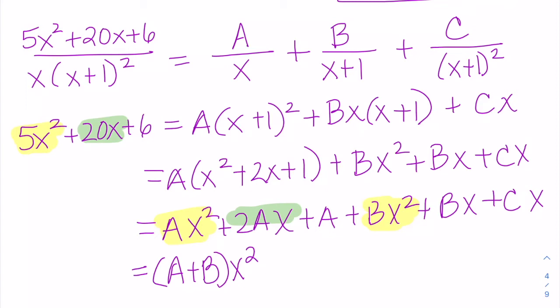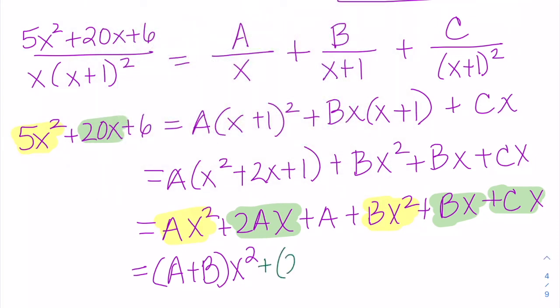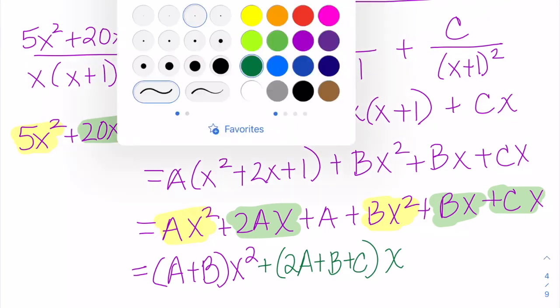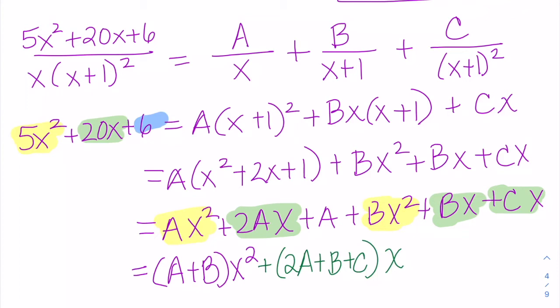So I'm looking at any terms that just have one x. So we can see right away that if I put (2a plus b plus c) times x. And then the last term, I'll put over here, the constant is 6. And we only have one constant. So I'm going to put plus a.